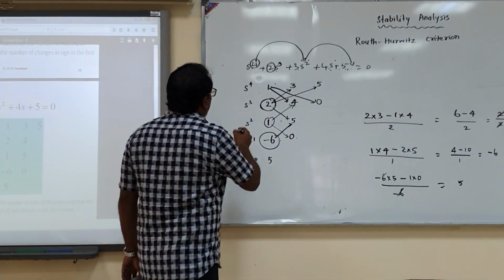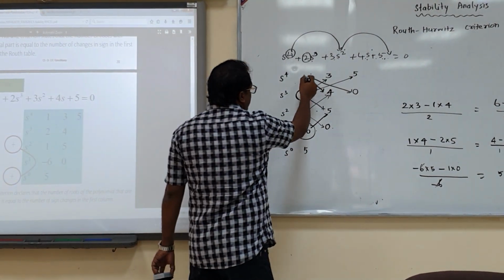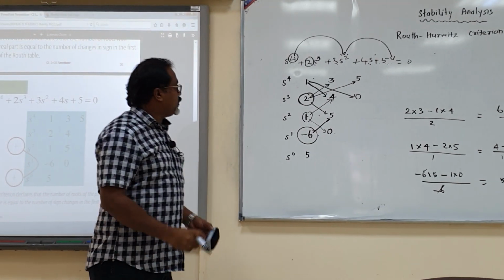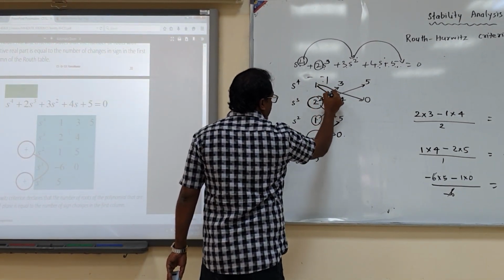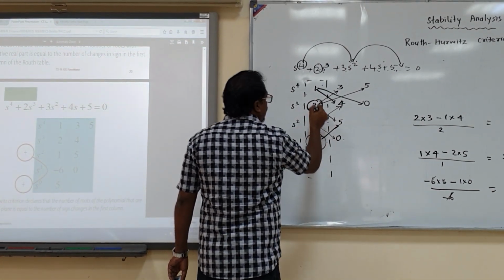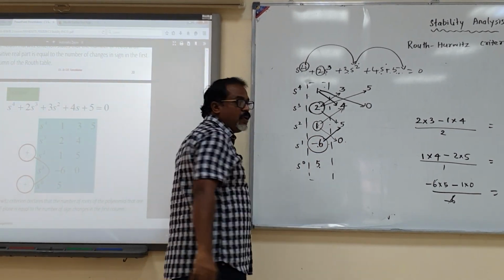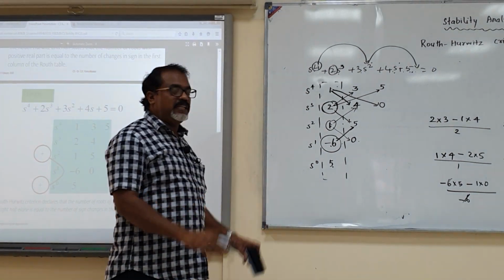See, in this, what am I supposed to do to take some decision? See here, there is a first column, you have to take this first column. First column numbers are 1, 2, 1, minus 6, 5. Is there any sign change? Yes. How many times do sign changes occur?